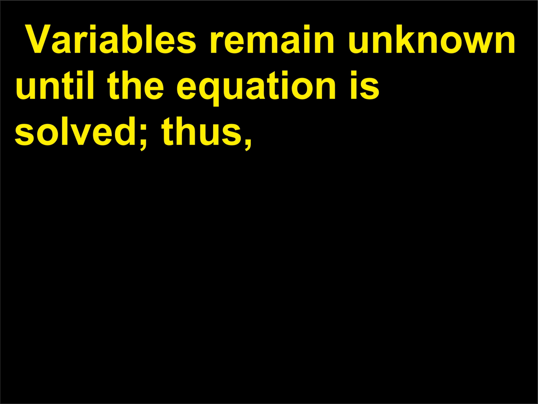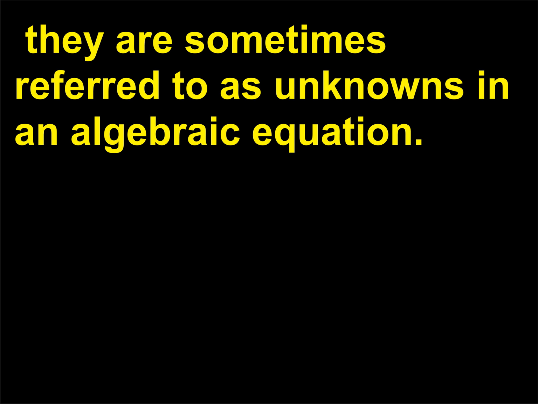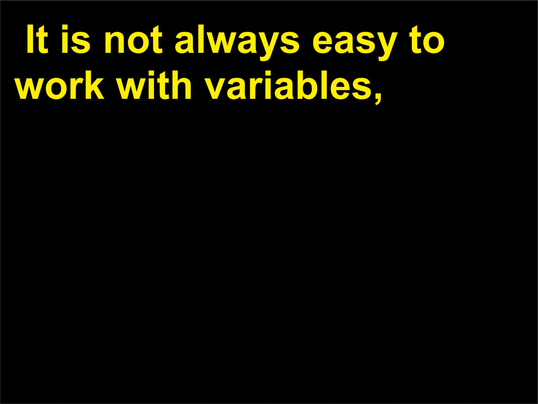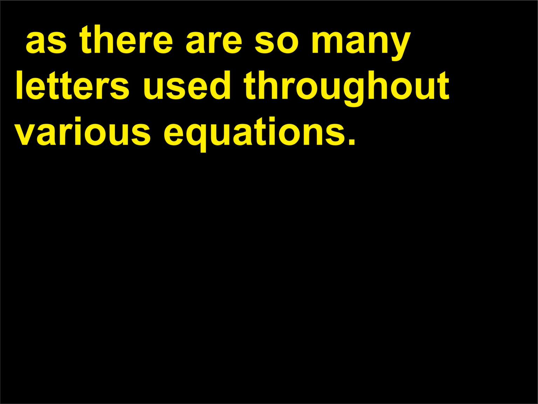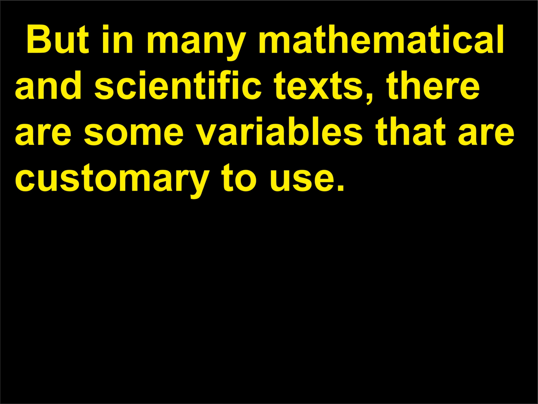Variables remain unknown until the equation is solved, thus they are sometimes referred to as unknowns in an algebraic equation. It is not always easy to work with variables, as there are so many letters used throughout various equations. But in many mathematical and scientific texts, there are some variables that are customary to use.